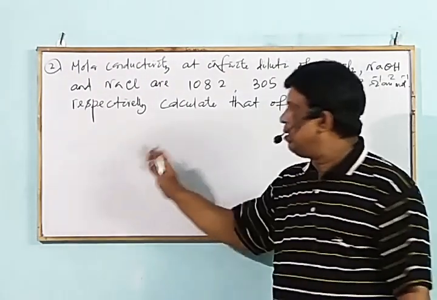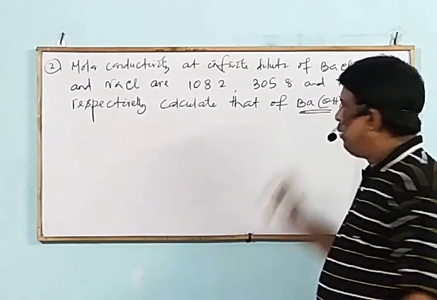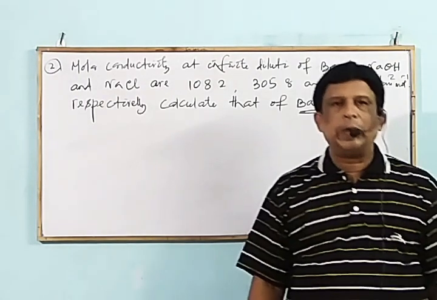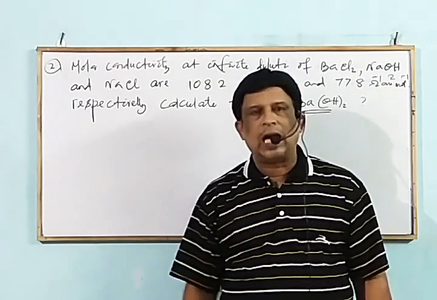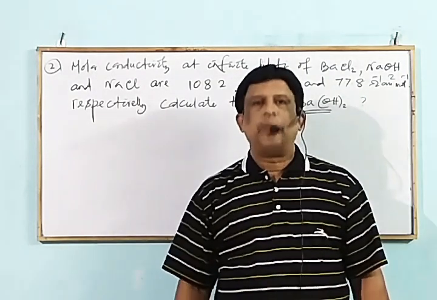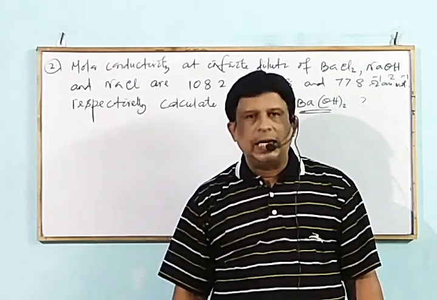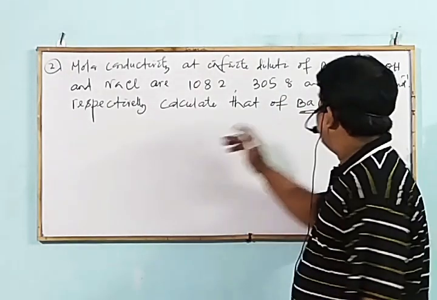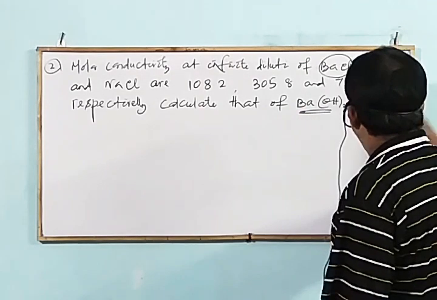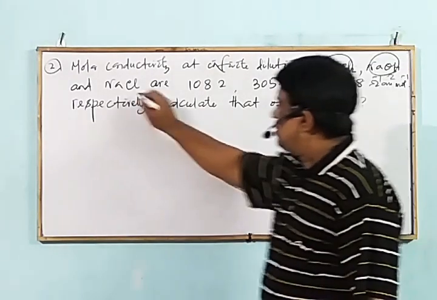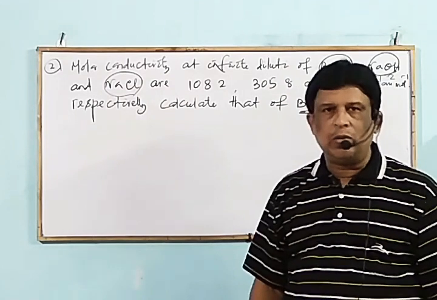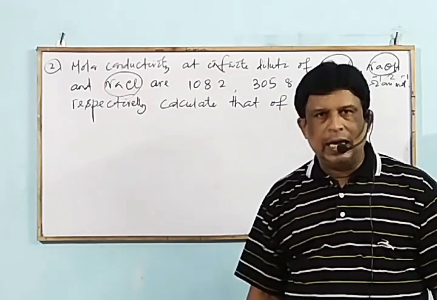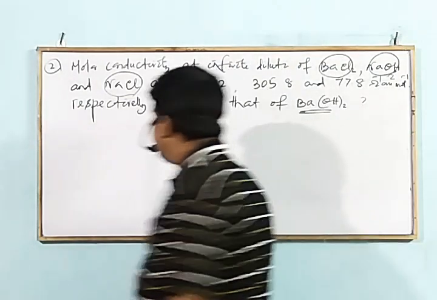Mark the question. Barium hydroxide is a weak electrolyte, so its molar conductivity at infinite dilution can be calculated indirectly with the help of Kohlrausch's law by taking three strong electrolytes. These are given in the question: barium chloride, sodium hydroxide, and sodium chloride. We have to deduce one relationship among them.